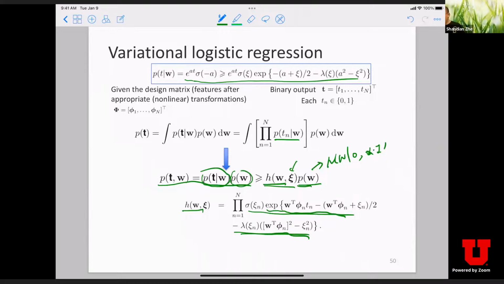It's just some linear term and square term related to W. If you expand them, just some quadratic term related to W. This looks like a Gaussian. So you have a prior that is Gaussian. In your lower bound of the likelihood, all the terms related to W will give you a Gaussian as well. So to put them together, if you normalize only over the prior and the lower bound, it will be a Gaussian form of the posterior of W. So this is a benefit.